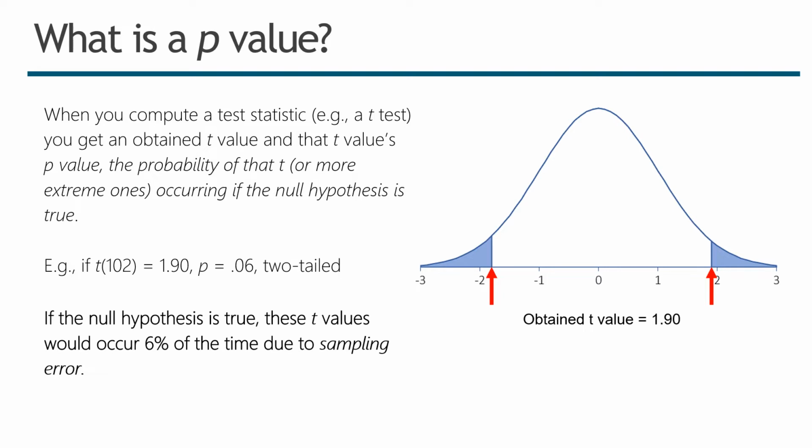In other words, the p-value is an index of how likely the outcome would be to occur due to sampling error, assuming the null hypothesis is true. Smaller p-values, smaller areas in the curves, would reflect a smaller likelihood that a given result could result from sampling error if the null hypothesis is true.